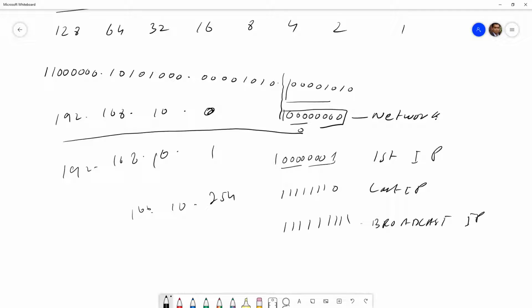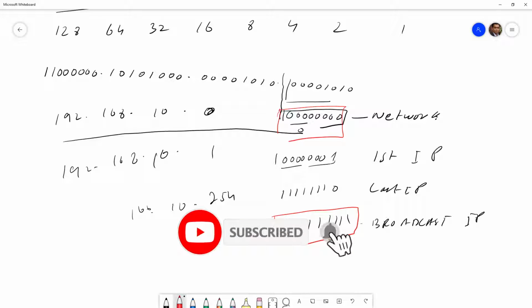So effectively, we cannot assign this bit and this bit to anyone else in the world. A network portion and a broadcast portion of the IP we do not assign to any live machine on the network. The broadcast address will be used when you want to send traffic to all the machines in your network. And the network portion will represent the overall street. So the router only cares about the network portion. They do not care about the host.